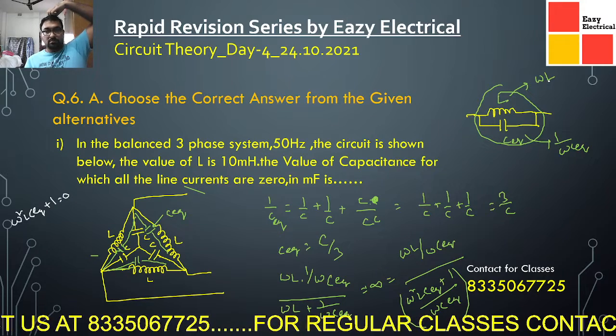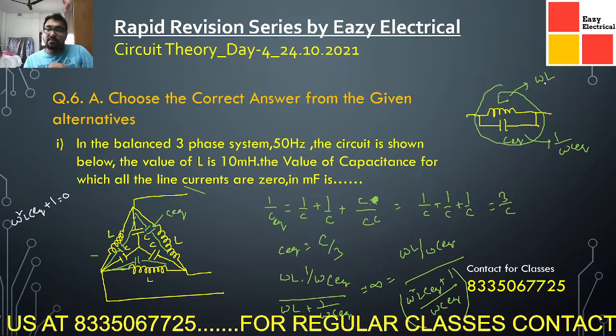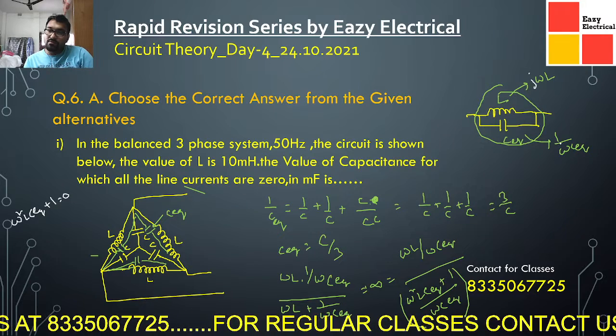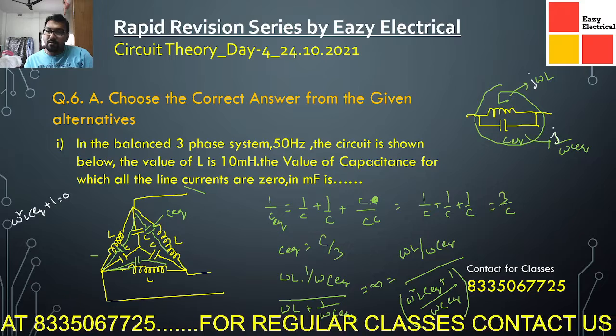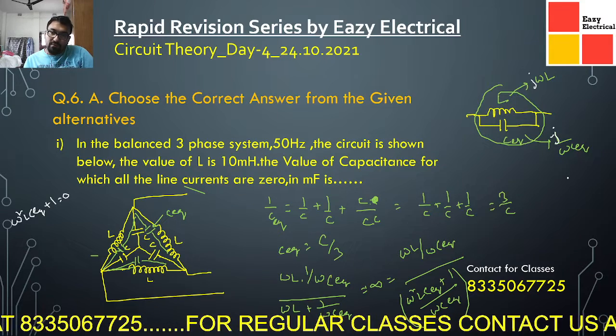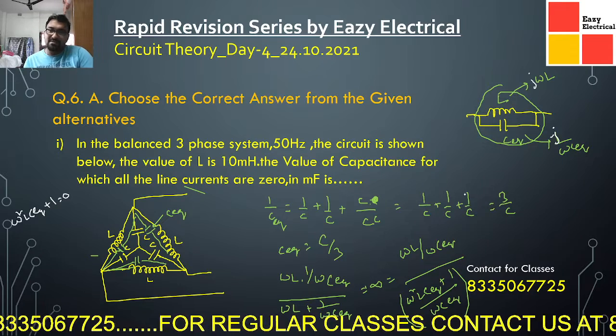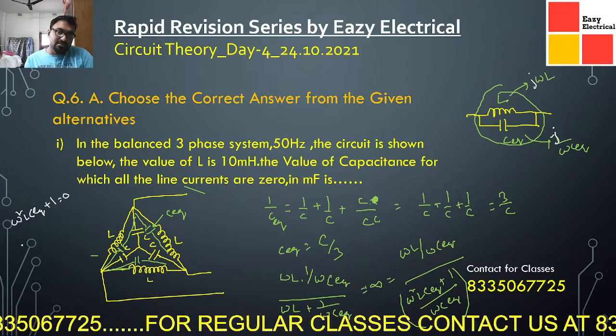So this will be j omega L, and this will be minus j omega L, right? If I just consider the magnitude here.